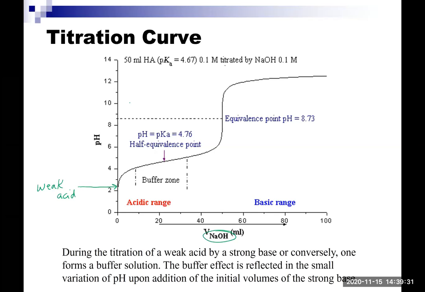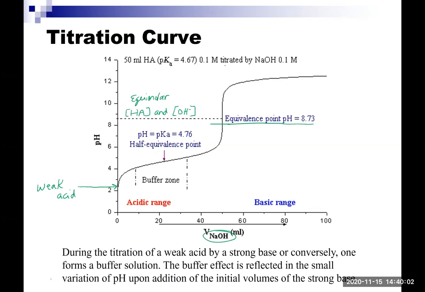So we have equimolar amounts of HA and we could say NaOH, but really it's OH minus, right? So we have equimolar amounts of our weak acid and hydroxide ion in solution at the equivalence point.